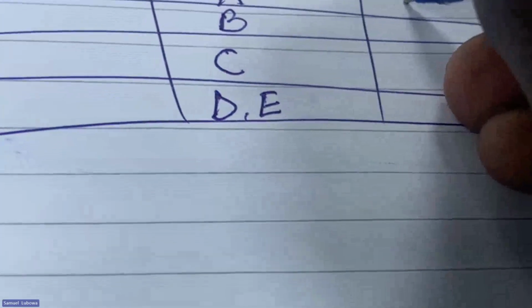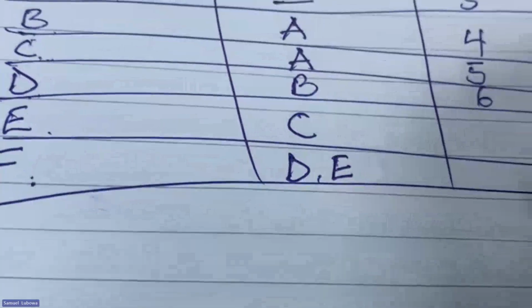Then we shall give activity C a duration of how many days? We can also allocate it 5. Then activity D, we shall say this will last for 6 days.